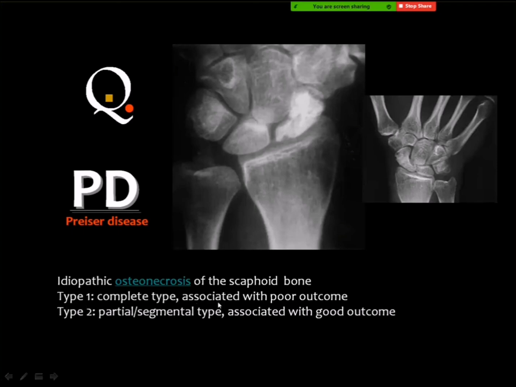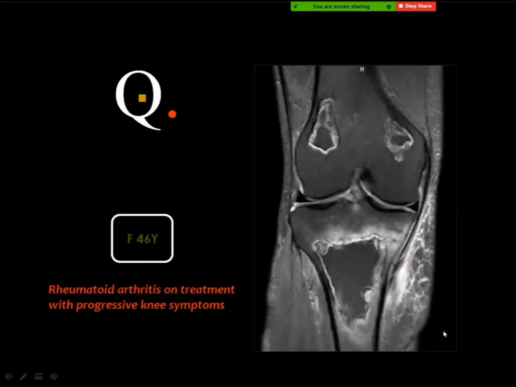Type 1 is complete involvement of the scaphoid, and type 2 is partial involvement of the scaphoid, and the remaining part of the scaphoid is good. And this Preiser disease is explained in the lecture of hematological bone diseases.